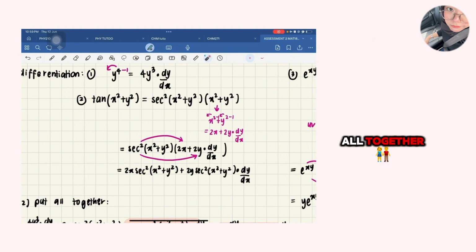All together this part will become secant squared of x squared plus y squared times 2x plus 2y times dy/dx. I'm going to expand this part, so it will become 2x secant squared of x squared plus y squared plus 2y secant squared of x squared plus y squared times dy/dx.